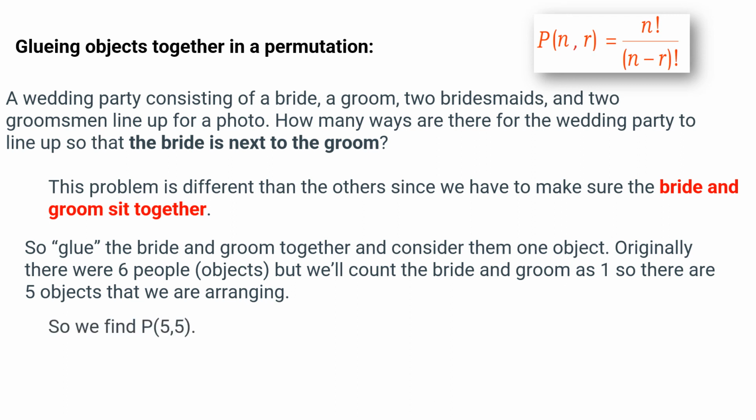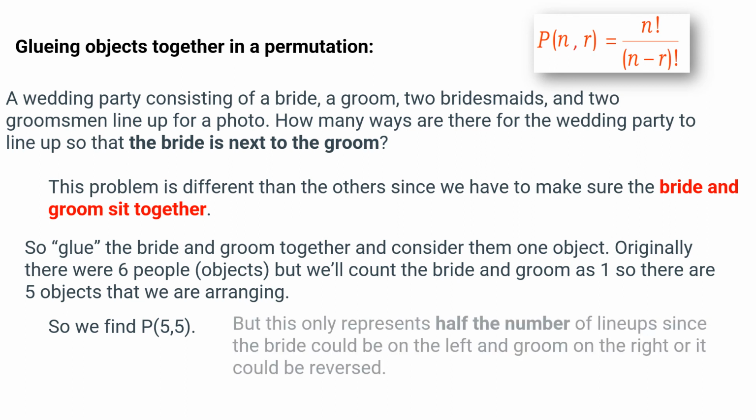So then we're going to take all 5 of those objects and arrange them in all the different ways, and we would be finding the permutation of 5 objects taken 5 at a time. But again, that is only going to represent half of the number of lineups, because for every lineup where the bride and groom are together, we could swap the bride and the groom and reverse them.